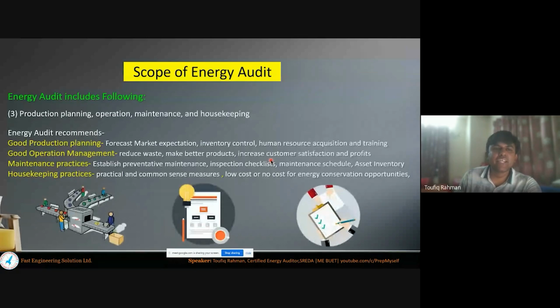The other thing is production planning, maintenance and housekeeping; this can be done by energy audit, as well as by energy management. Good production planning may be there. Energy audit can recommend good operation management and maintenance practice. Maybe the energy auditor can include housekeeping practices.